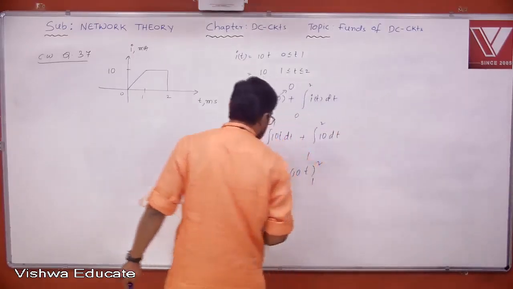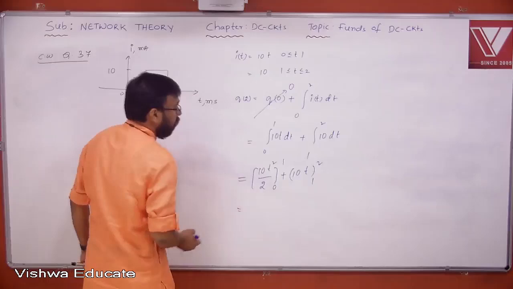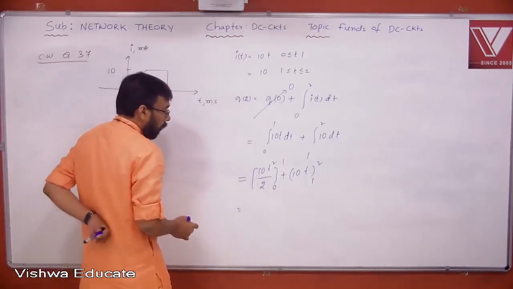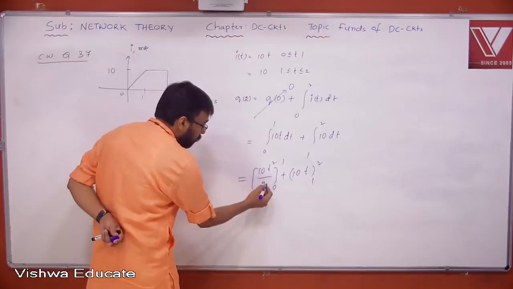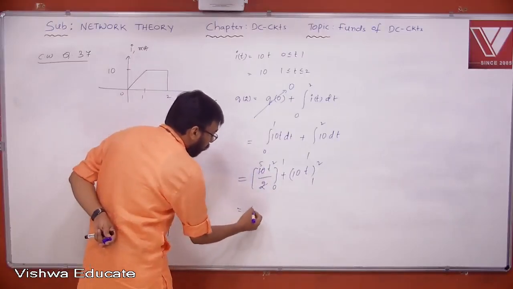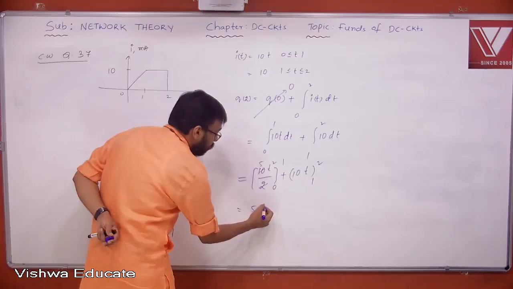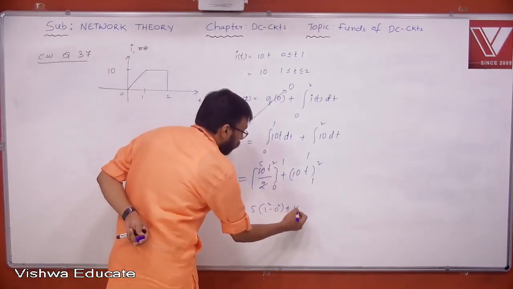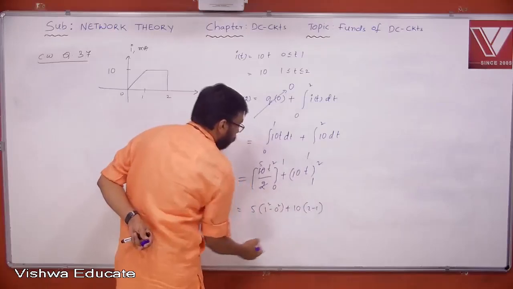Now tell me, what do you get here? What do you get here? Okay, we can take it out. This is 5. Okay, 5 into 1 square minus 0 square plus 10 into 2 minus 1.